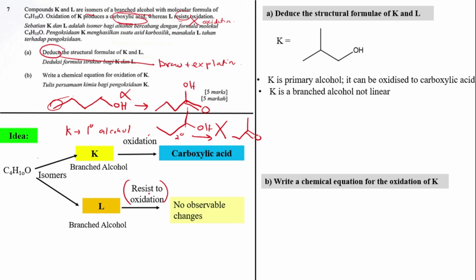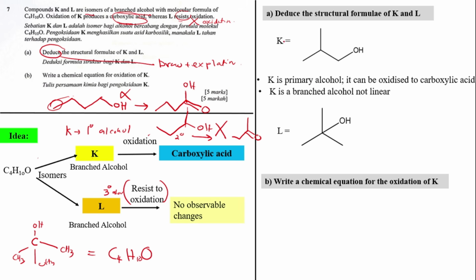And for L, it is a branched alcohol and it resists oxidation. When it resists oxidation, we know that it is a tertiary alcohol. So we have C, then CH3, CH3, and CH3. When you count the number of carbons, you get C4H10O, consistent with what you have here.